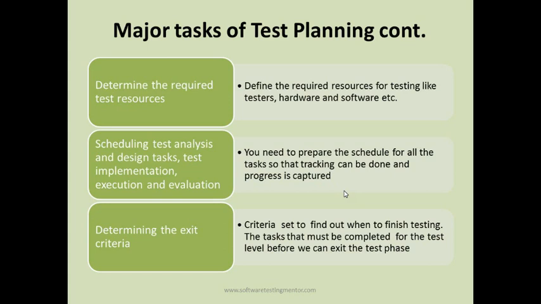It can be something like no SEV 1 and SEV 2, or severity 1 or severity 2 defects need to be open. All severity 1 and severity 2 defects need to be fixed and verified by the testers. So a simple criteria can be as simple as that, like no SEV 1 and SEV 2 defects need to be remaining in order to exit the testing.